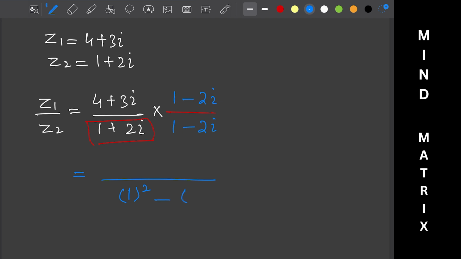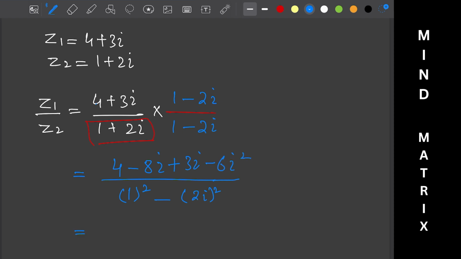minus 2 iota square, and here we'll use the same multiplication rule for the numerator. 4 multiplied by 1, 4 multiplied by minus 2 iota gives minus 8 iota, 3 iota multiplied by 1 gives plus 3 iota, and 3 iota multiplied by minus 2 iota gives minus 6 iota square.